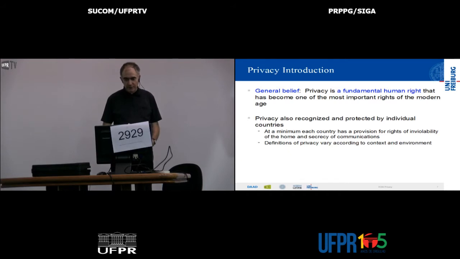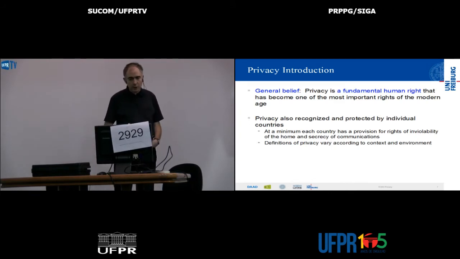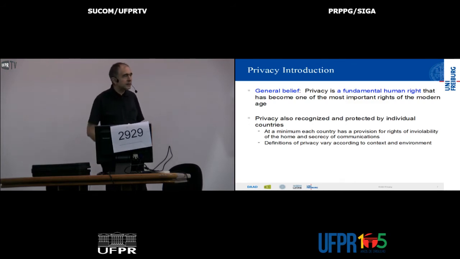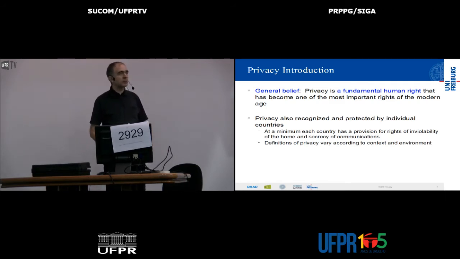and we can't really solve that. But at a minimum, we have a provision that homes are not to be violated, to some extent at least, and the secrecy of communications in most states. Private personal communication is protected. But on the other hand, you see that they became quite upset when WhatsApp started to encrypt, so they can't monitor personal communication.